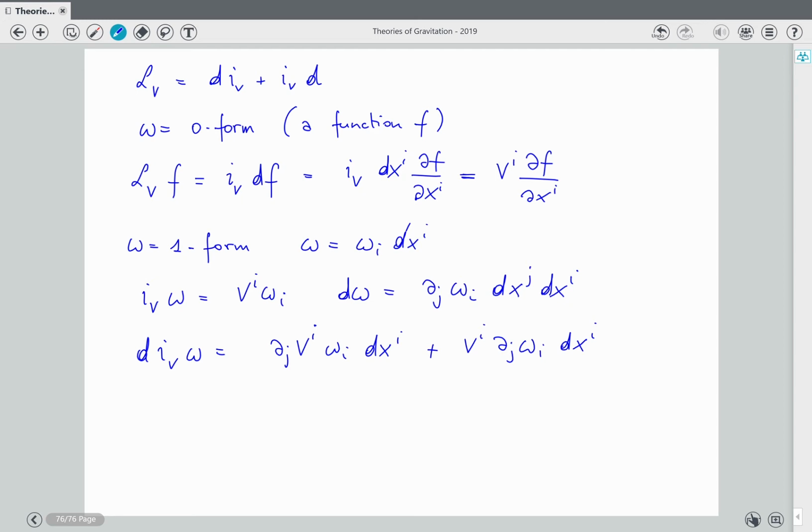Instead, when we contract the exterior derivative of omega with v, as we know, we have to first contract with the first index. So let's see. First we contract with j, and we lose that differential.